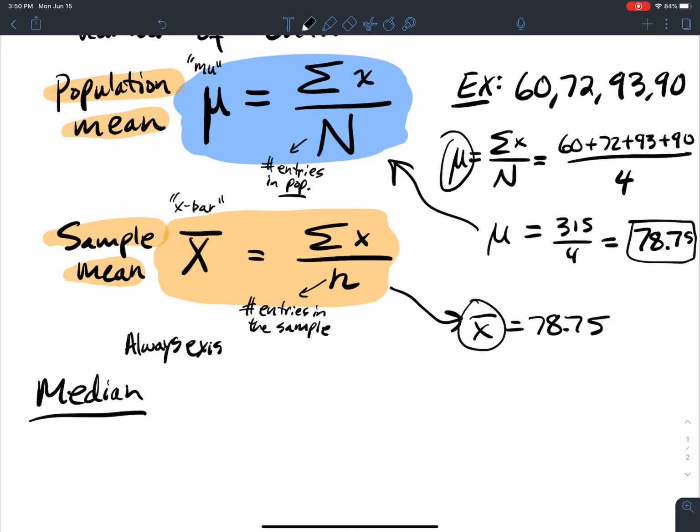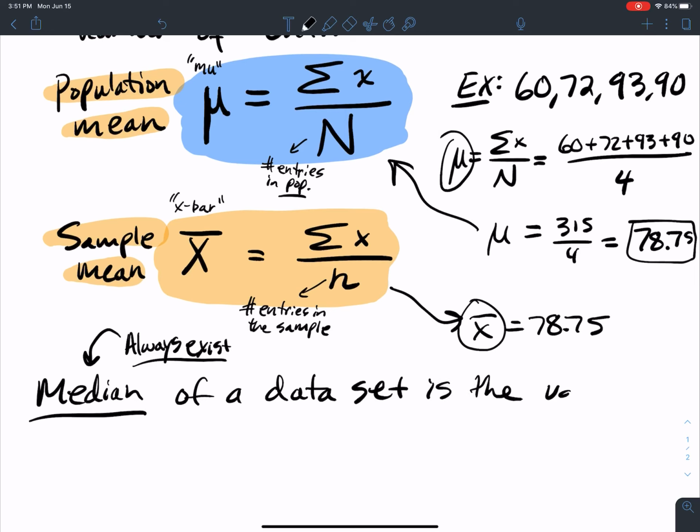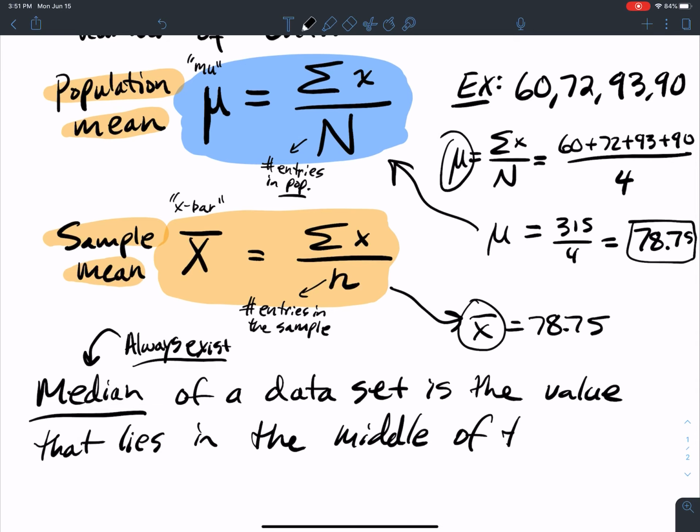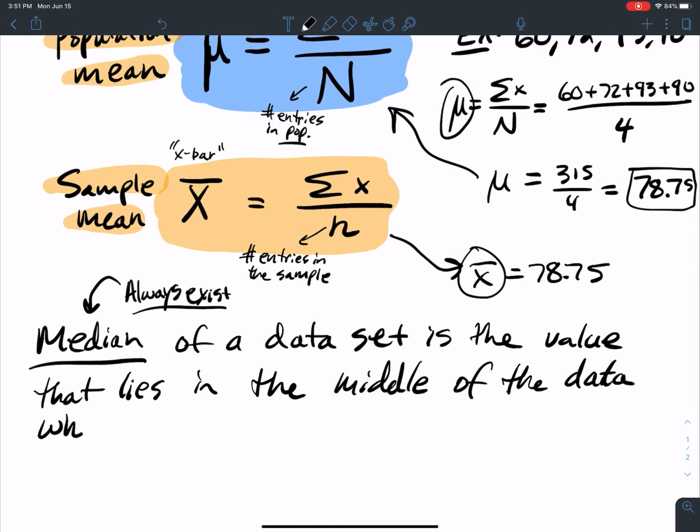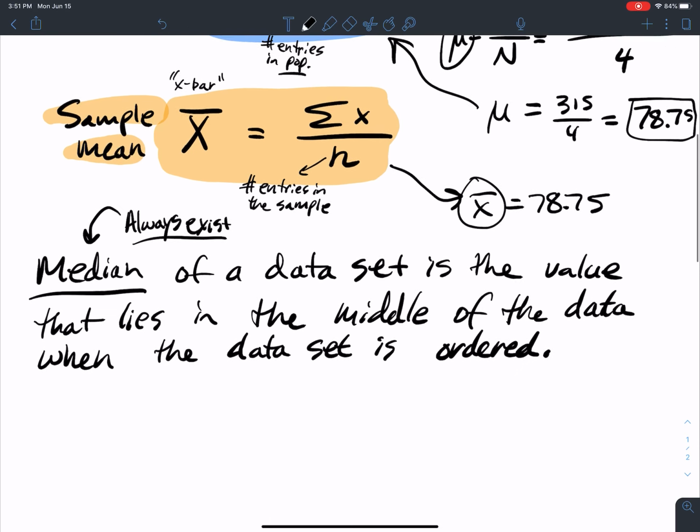Okay, so the median of a data set is the value that lies in the middle of the data when the data set is ordered.